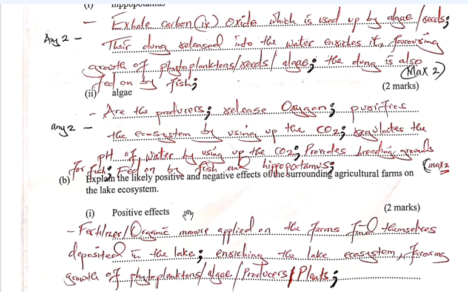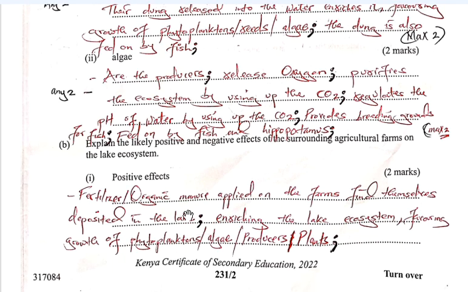Explain the likely positive and negative effects of surrounding agricultural farms on the lake ecosystem. Roman 1, positive effects. The positive effect is that fertilizer applied on farms finds itself deposited in the lake, thus enriching the lake ecosystem and favoring growth of phytoplanktons and algae, plus other plants.